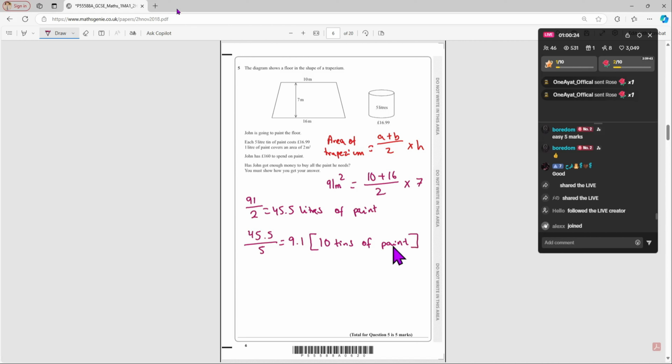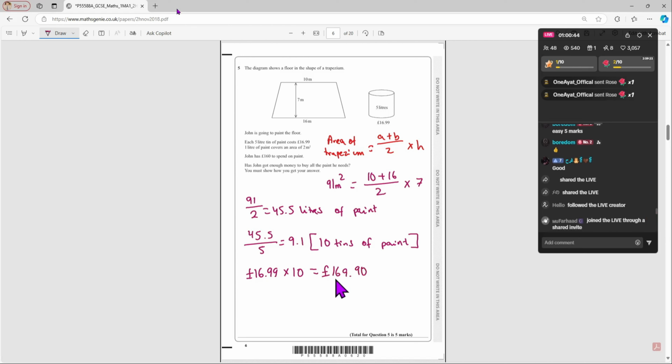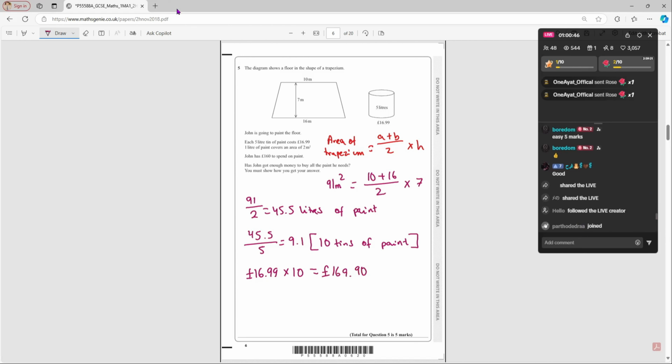What we need to do is 10 times how much 1 tin costs. So 1 tin costs £16.99. We're going to times it by 10 to give you £169.90. Does he have enough?